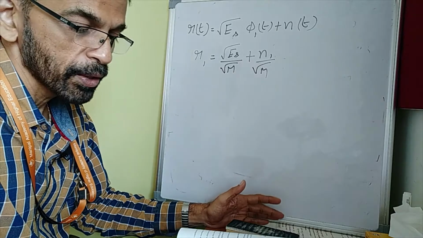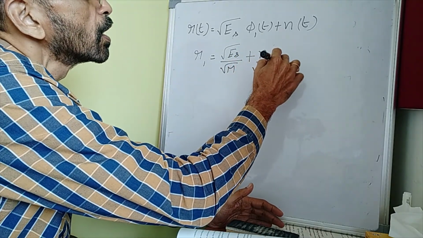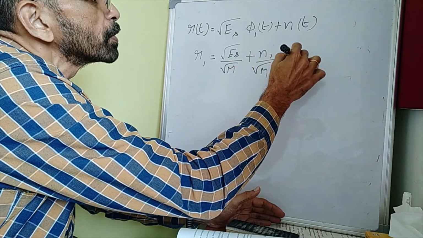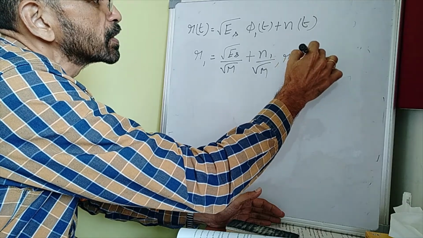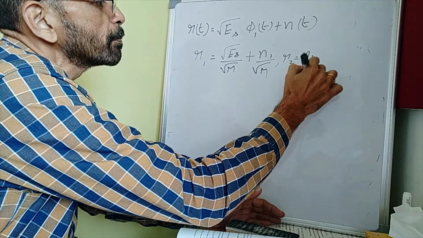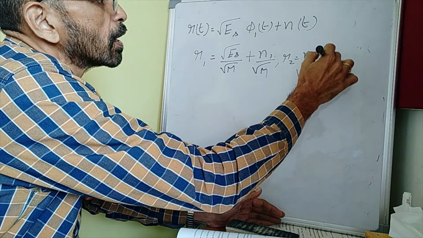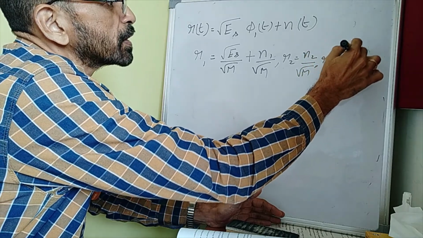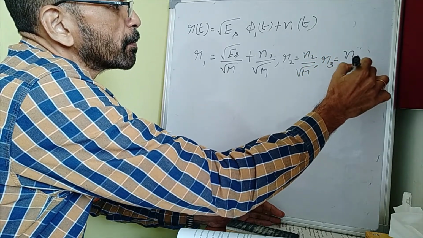So this is what we have, and R2 would be just N2 by root M, R3 would be N3 by root M, and so on.